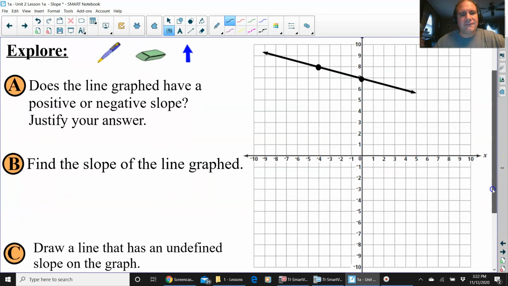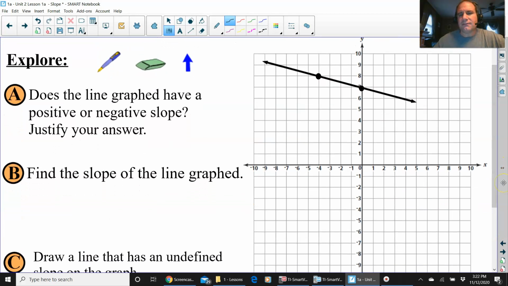Please go ahead and find your graph, find your slope of this line. Remember, start with L and R on the top. Identify this as a positive or negative slope. Looking from left to right, what do you think this is? Do you think it's going up from left to right, or do you think it is going down from left to right?